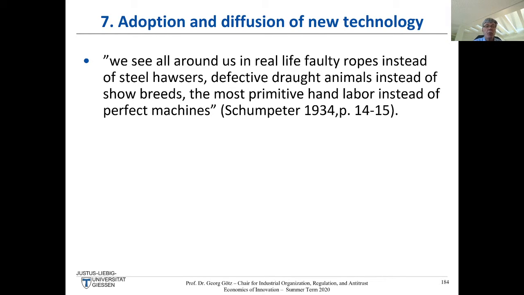And again, we go back to Schumpeter, and that's a quote from his 1911 book Theorie der wirtschaftlichen Entwicklung. This is just the English translation. What he mentions is that we see all around us in real life faulty ropes instead of steel horses, defective draft animals instead of show breeds, the most primitive hand labor instead of perfect machines.